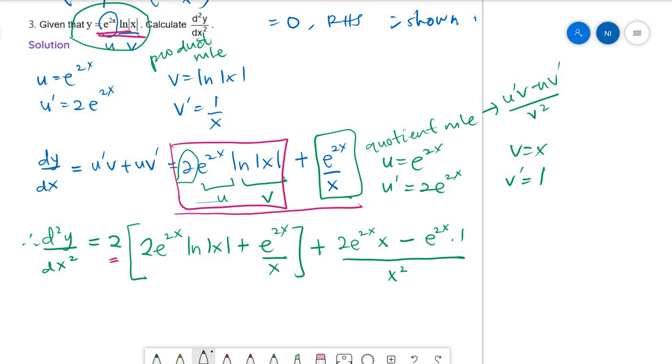Even if you don't want to simplify, this answer is already correct. You can leave your answer like this. Or if you want to make it nicer, it should be like this then: 4e to the power of 2x ln x plus 2e to the power of 2x over x.